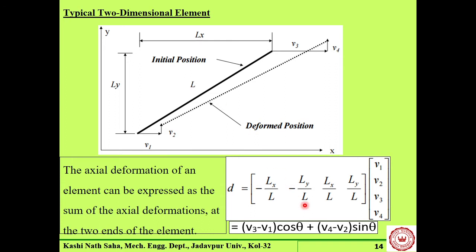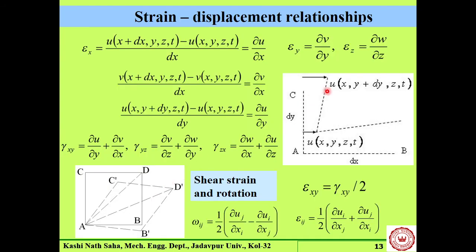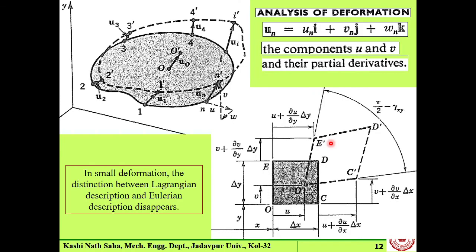This is clear. So that is another operation which is there. This is not straightaway the derivative of the displacement field. When there are two lines, one is this line, the other one is this line.